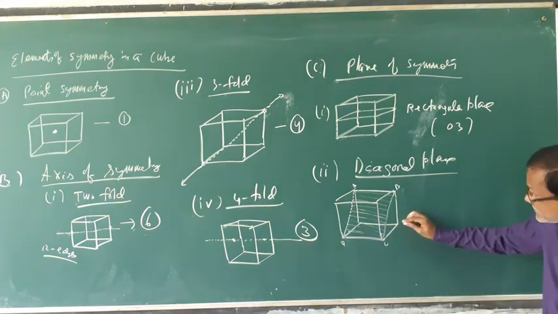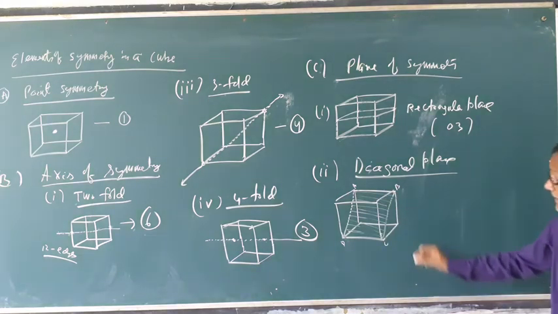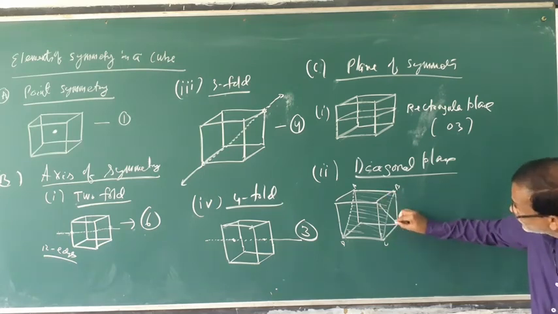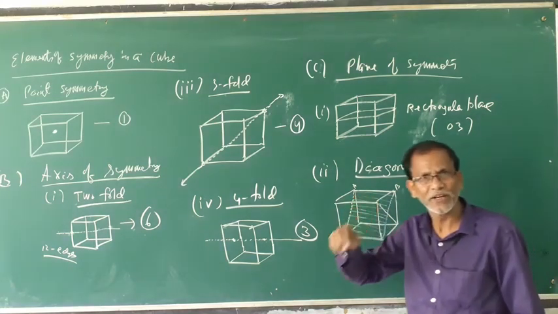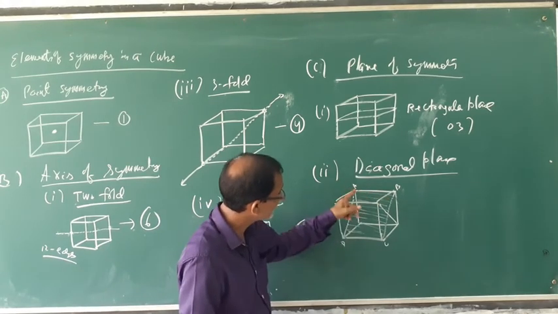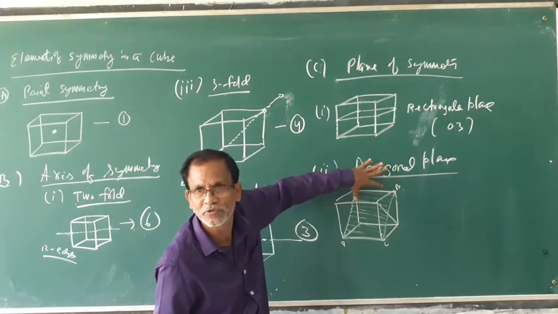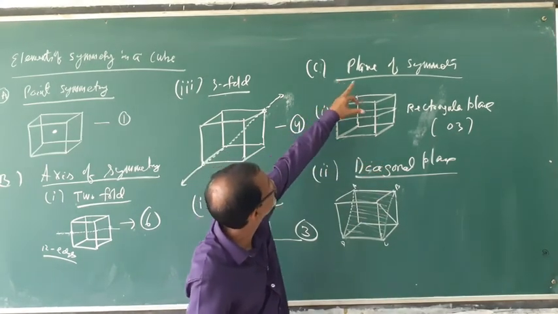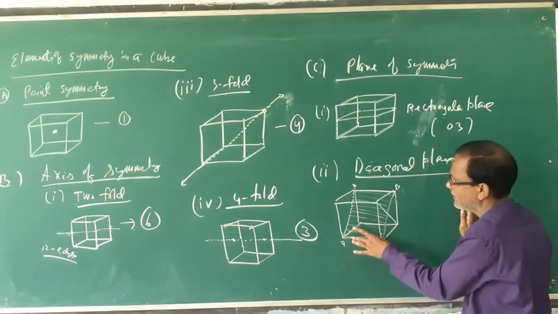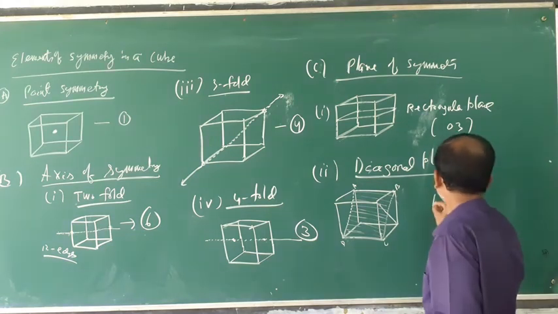How many diagonals are possible? Each face has two diagonals. So total 12. And for taking two, how much is produced? One plane is produced. We are discussing plane of symmetry. So taking two, one plane. So total is 12, so the answer will be 6.